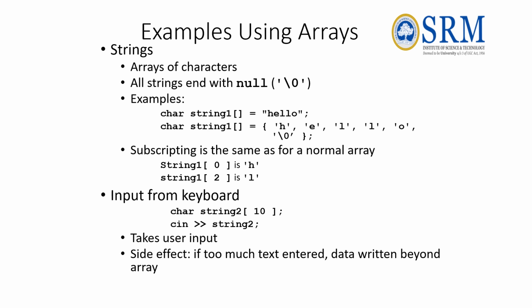Next, we have seen the integer data type in the previous slide. Here they have given a small example with the string hello. My data elements are hello, and I am going to store them in the string1 array. My data type is character. You can initialize the string like this, or you can also initialize the string with individual elements.